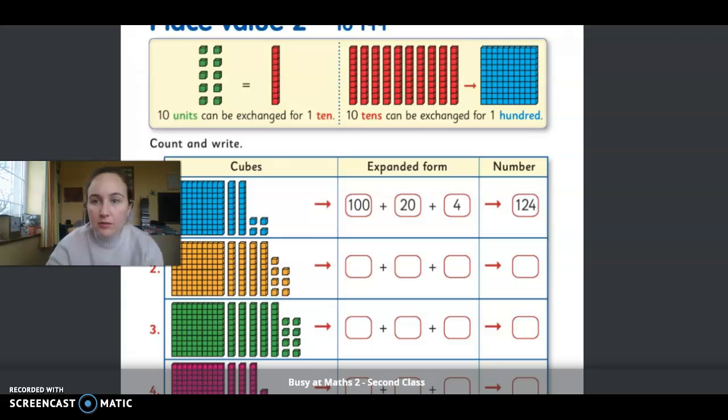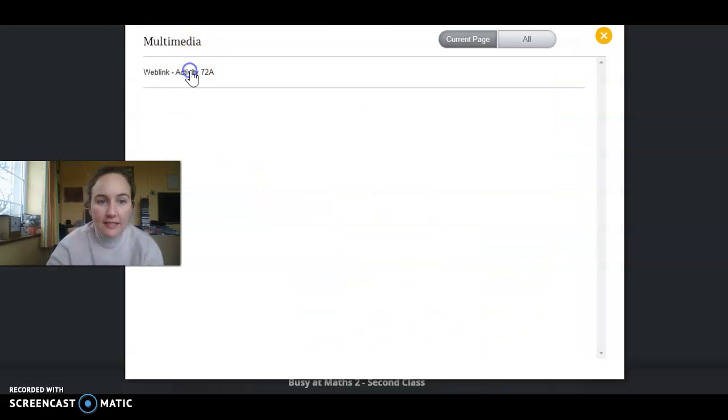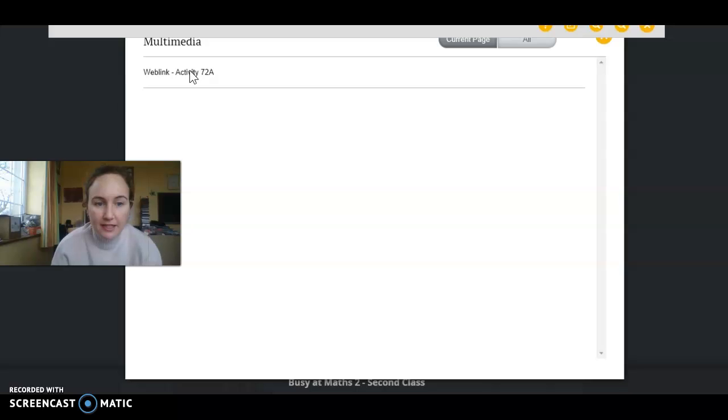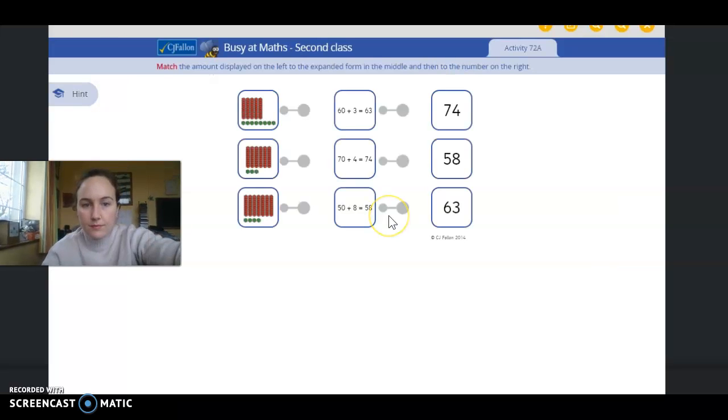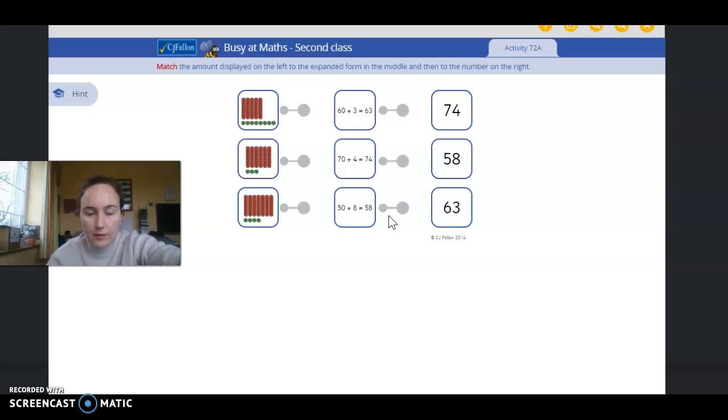Okay, so we'll just have a quick little look at the video to go with this page, the activity. So we have to match here the pictures to the sums to the number. So in the first picture there, I'm going to count up how many I have. So I know these are tens, so the red towers.